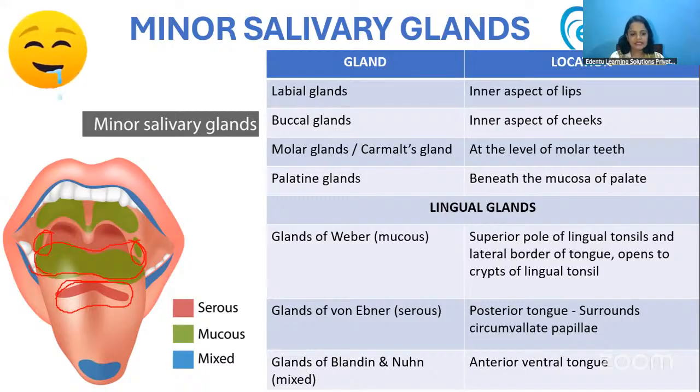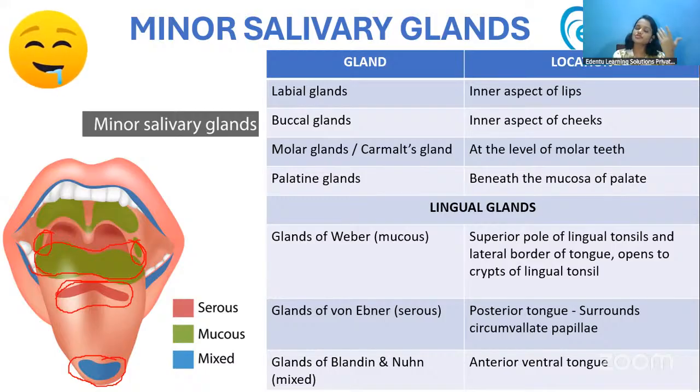And in the anterior part of the tongue also, we have minor salivary glands called the glands of Blandin and Nunn. Remember these names. They are mixed type of gland, where both mucus and serous secretions can be there. So these are the three main types of minor salivary glands in the lingual region.